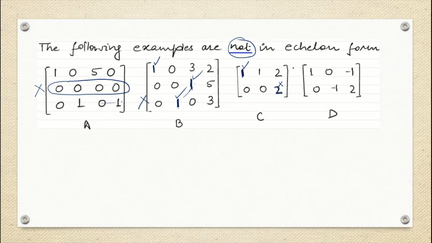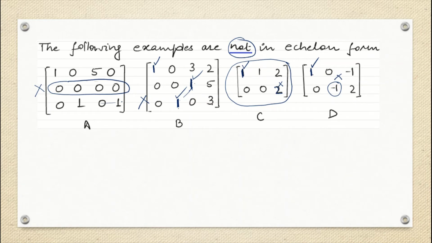Again, some authors will say that this is okay, but according to the book which we are following, this is not in echelon form. And the fourth matrix is what? We don't have any zero rows, so we are not worried about the first criterion. The second criterion is that the very first non-zero element is 1. The very first non-zero element is not 1. This is actually minus 1. So we will say that this is not in row echelon form.